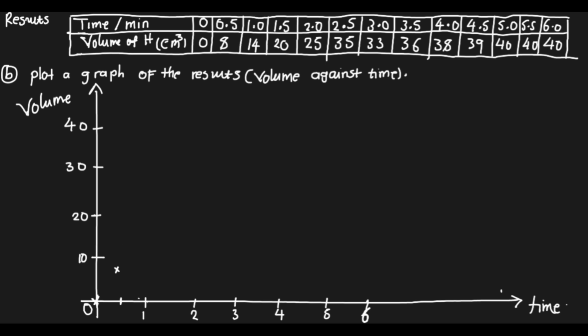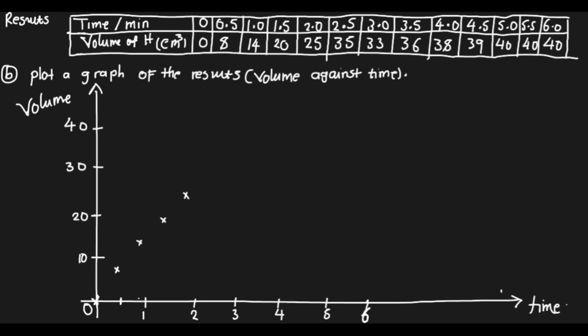So you go on the x-axis to 1, then you have 10, then you just need to add 4 smaller boxes, so it is somewhere here. Then we move on to 1.5, 20, which is somewhere here. Then we go to 2, 25, somewhere here, between 20 and 30.